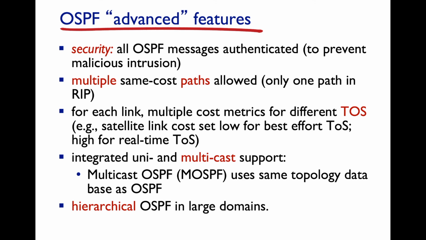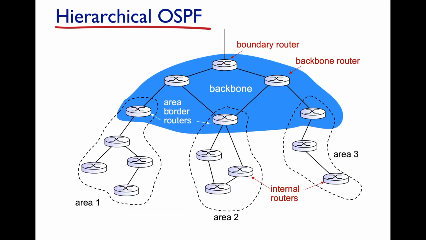And for each link, you can have different metrics for different types of service, to encourage various behaviors for the routing preferences, the path preferences. You can also have multicast in OSPF using the same topology data, so it certainly has multicast support. And for very large aggregations of routers on a network, OSPF supports hierarchical aggregations.